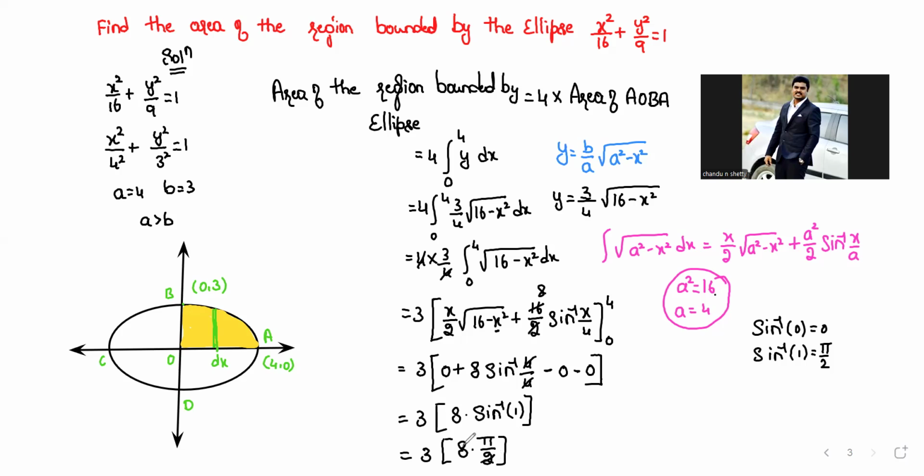Okay, 2 ones are 2, 2 fours are 8, 3 fours are 12 pi square units is the answer for this problem. So if it is given as an MCQ in the CET, you should observe these two: 3 fours are 12, so pi you should take here. So 12 pi we get.